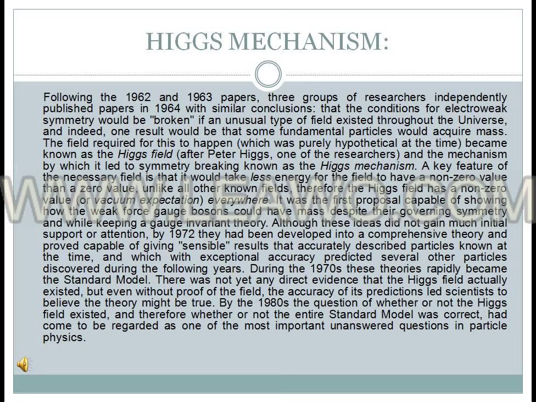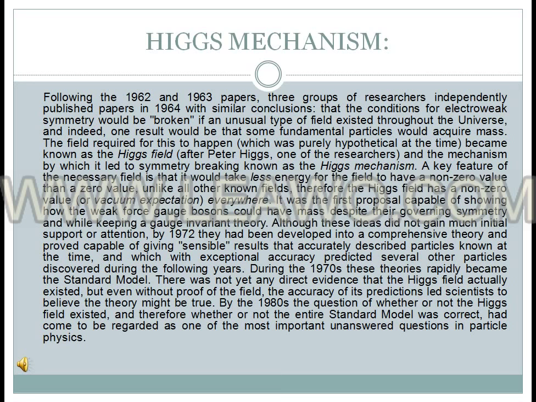Although these ideas did not gain much initial attention, by 1972 they had been developed into a comprehensive theory and proved capable of giving sensible results that accurately describe the particles known at the time and discovered during the following years. During the 1970s, these theories rapidly became the Standard Model.